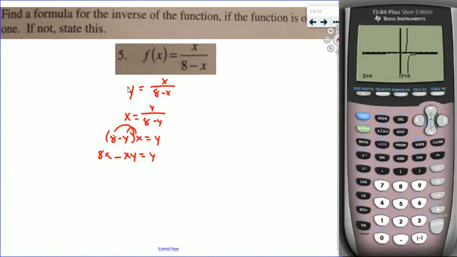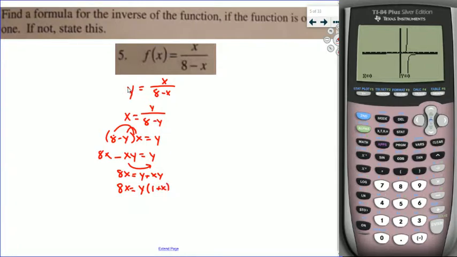So now let's get all of our y terms on one side of the equation. We're going to add xy to both sides. 8x equals y plus xy. From here, these two terms both have a y in common. So we're going to say that 8x is equal to y times 1 plus x when we factor out that y that they have in common.